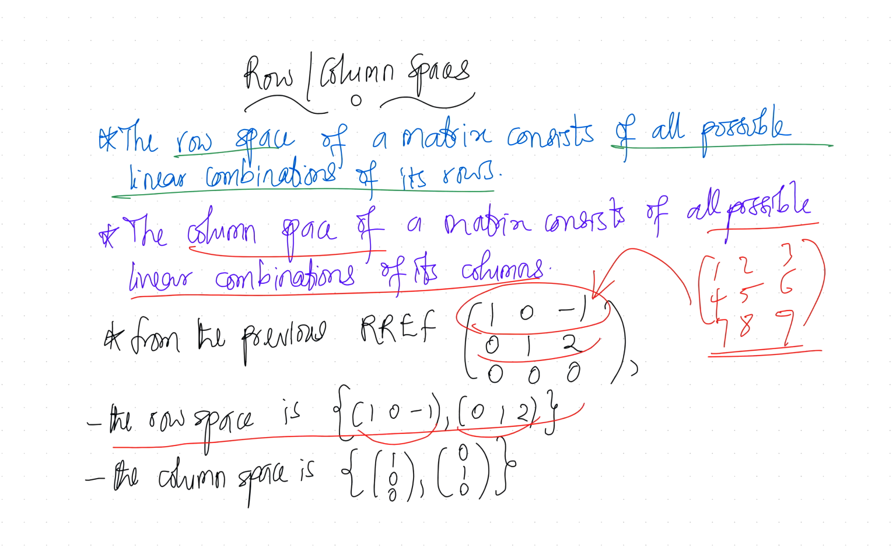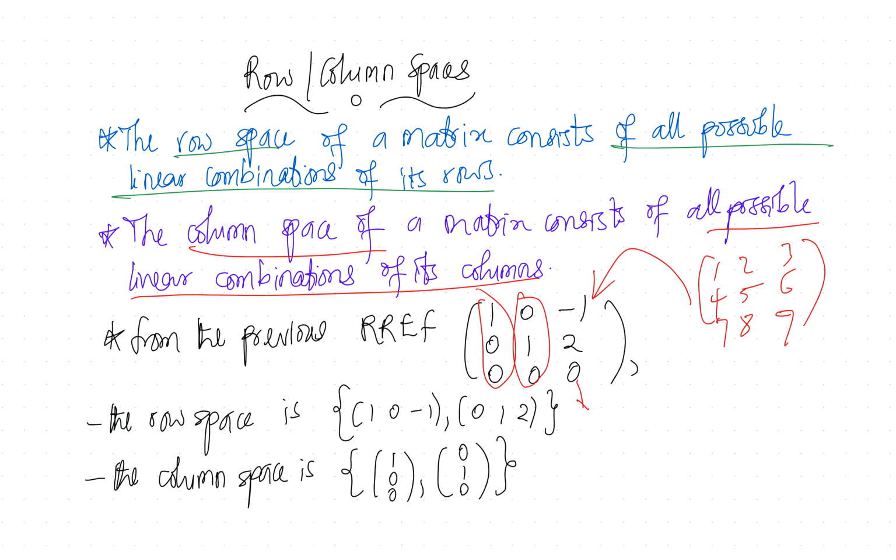Then the column space is also the collection of all the possible columns. And here, we only count the columns where we have a lead entry. So we have a lead entry here. That's a possible column. We have another lead entry here. That's a possible column. Now, the lead entry that should have been here would be where this 0 is.